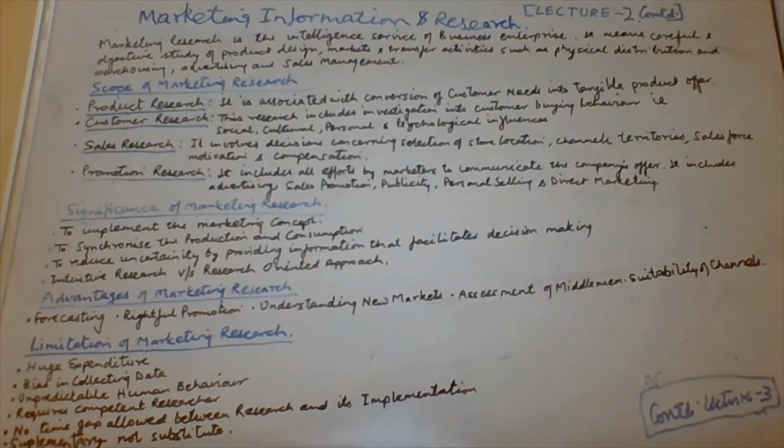This assessment is to take stock of, for example, a particular place where the customers are fewer, so you require fewer retail outlets or fewer salespeople to reach the consumers and cater to the requirement.